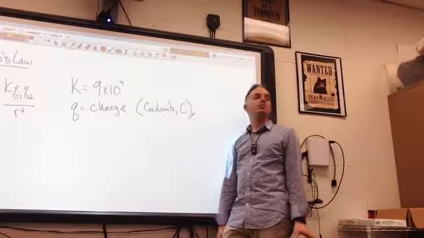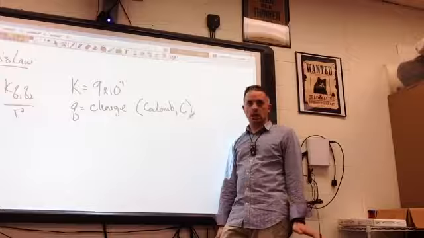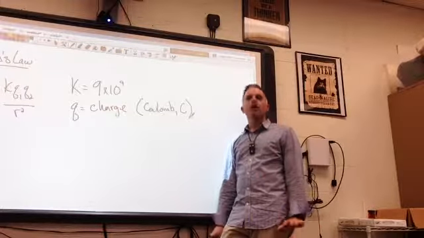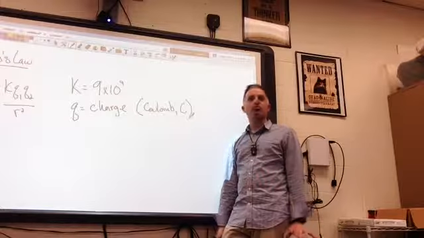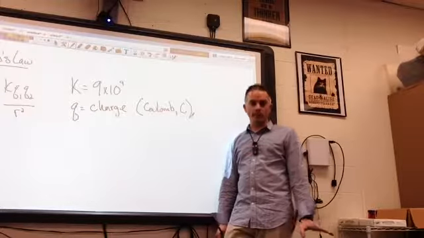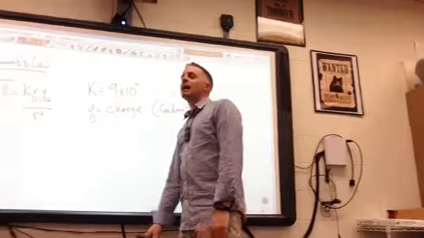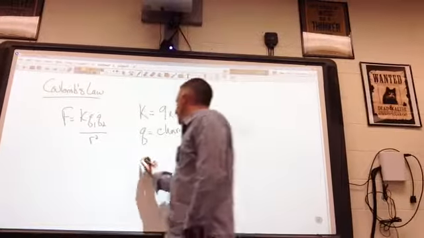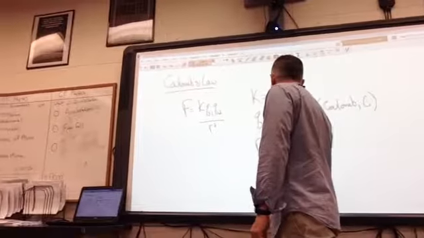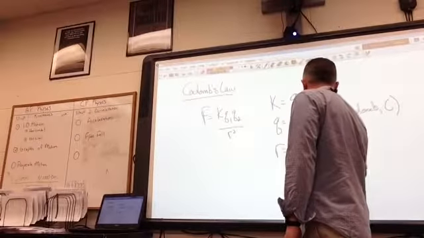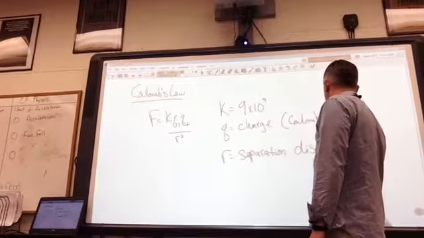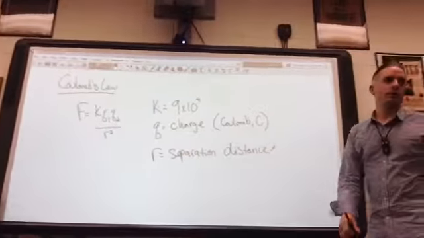Okay? 75 coulombs is a ton. If you touch something that is 75 coulombs, you will die. I promise you. That's like a ton of electrons. Okay? A lot. And r is the separation distance.